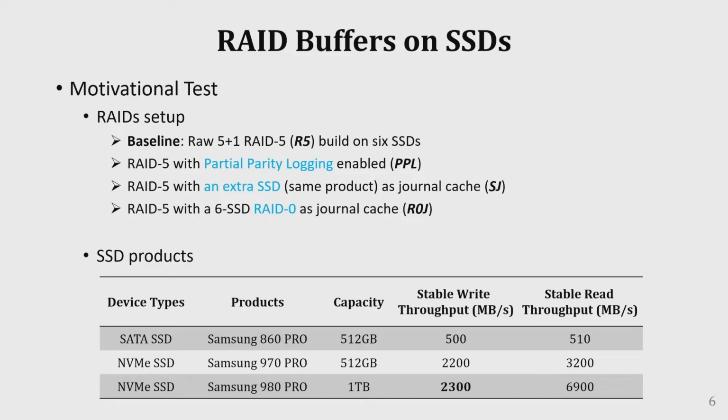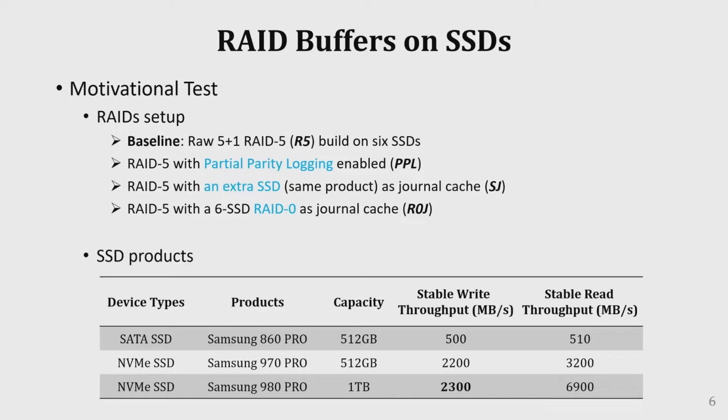Besides, we implement the RAID journal by deploying an additional SSD device and a RAID 0 device consisting of 6 SSDs as a buffer device upon the main array respectively. The RAID journal is set to write-back mode that provides better performance.